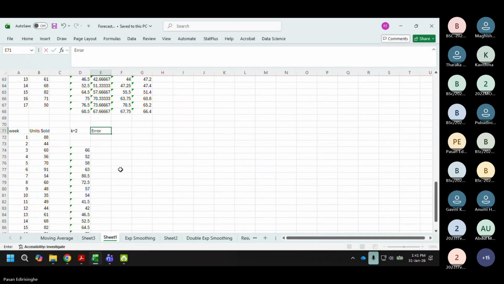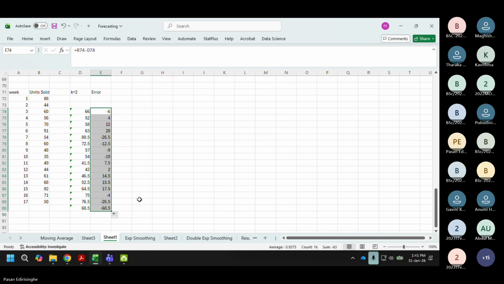For each one you can find the error: the actual minus the predicted value. And of course the last one we don't need, because that's the predicted value.